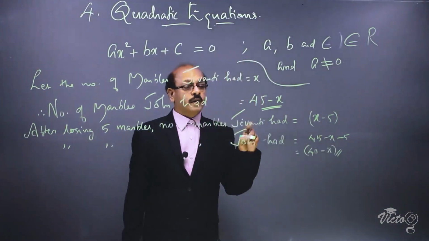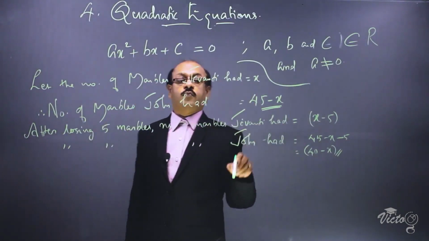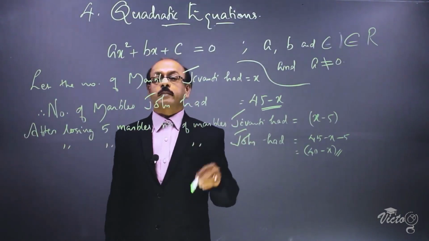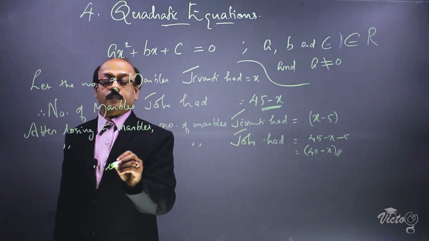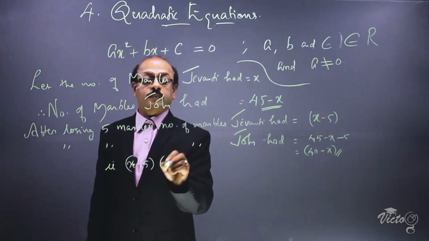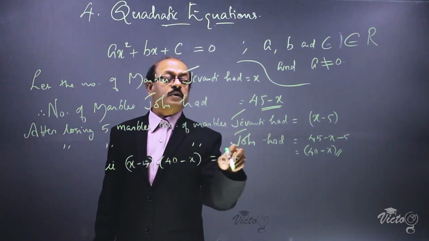Now the product of these two numbers, that means x minus 5 and 40 minus x, is given as 124. The product of the remaining number of marbles is 124. That is, x minus 5 into 40 minus x is equal to 124.